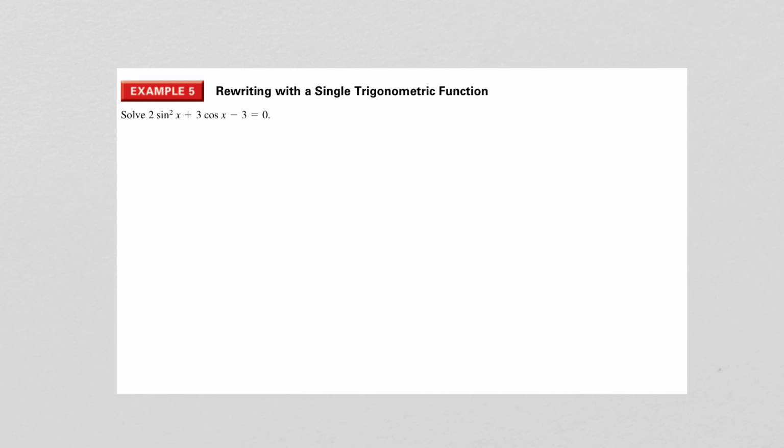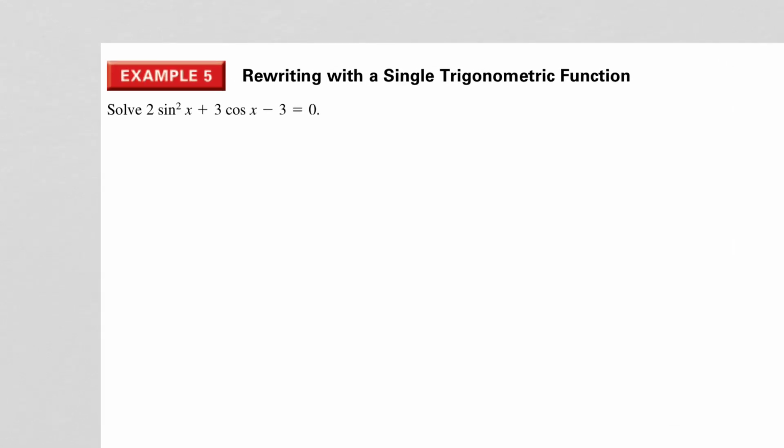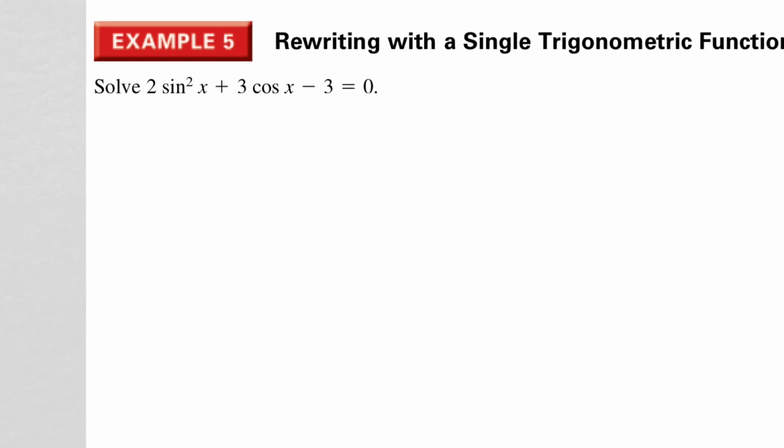All right. Now we're going to practice getting this equation to be a single trigonometric function. We're going to be using our identities to do that. So note that we have sine squared and cosine. The easiest one to replace is going to be the sine squared because we can use our Pythagorean identity, right? So we know that sine squared plus cosine squared is 1.